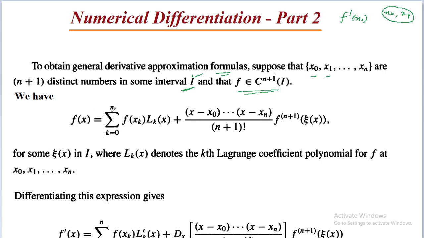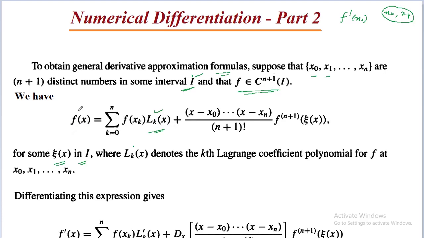Now we have the formula f of x equal to summation k from 0 to n f of xk Lk of x plus (x minus x naught)...(x minus xn) divided by (n plus 1) factorial times f^(n+1) of zeta of x, for some zeta of x belonging to I, where Lk of x denotes the kth Lagrangian coefficient polynomial.